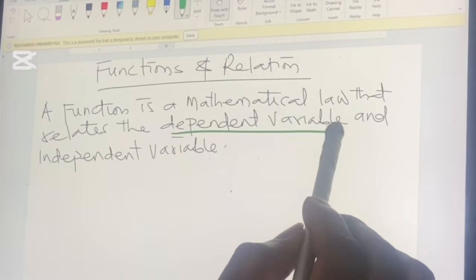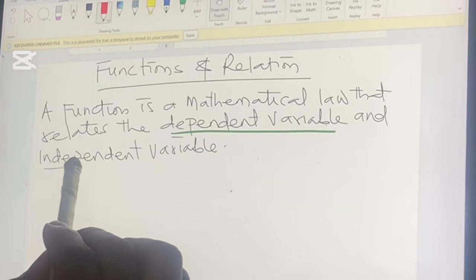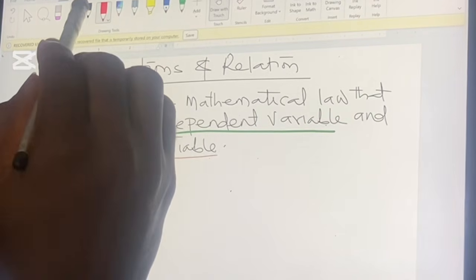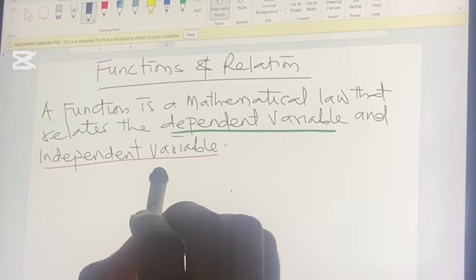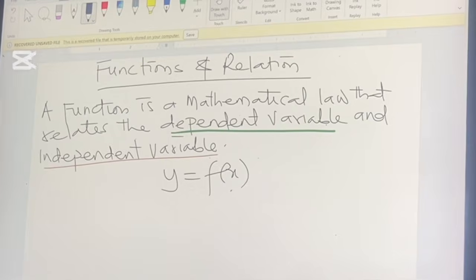Let's know what the independent variable is. When we say dependent variable, we mean the subject letters. When we say independent variables, they are the letters that are not the subject. Mathematically, a function can be written as y equals f of s.